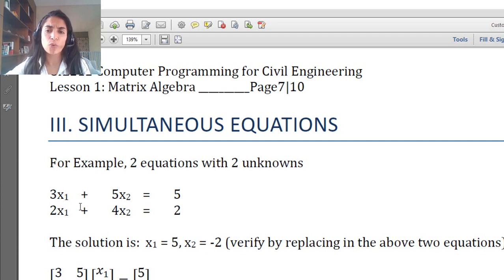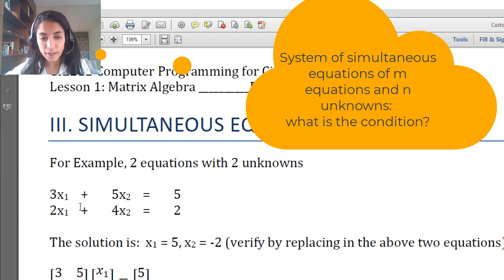But first of all, I have a question. If I need to solve simultaneous equations of, let's say, m number of equations and n number of unknowns, what should be the first ever condition?